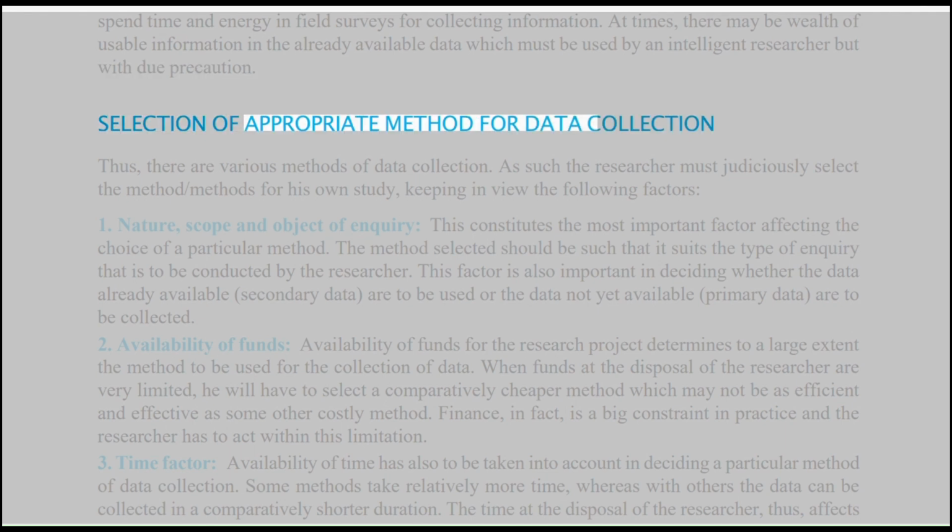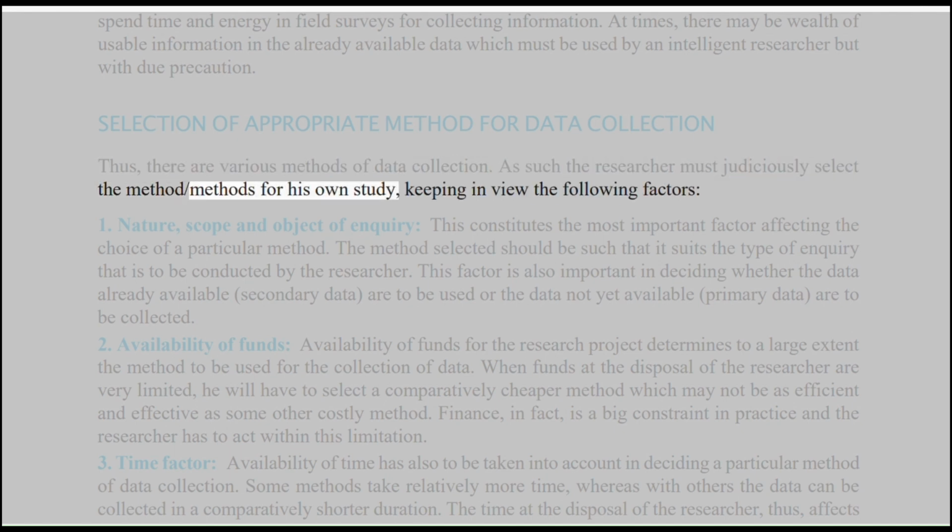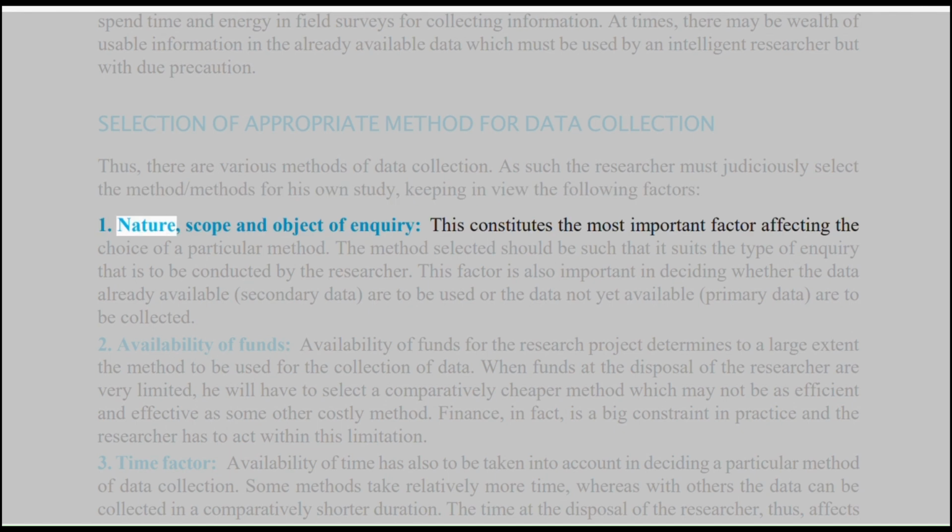Selection of appropriate method for data collection. Thus, there are various methods of data collection. As such, the researcher must judiciously select the methods for his own study, keeping in view the following factors. 1. Nature, scope and object of inquiry.